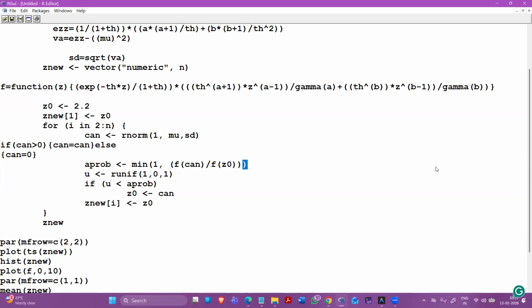So all the brackets are closed: 1, 2, 3 brackets are closed, one is open, so 2 is still open. Okay, fine. So this should be the condition. That is the condition of Metropolis.